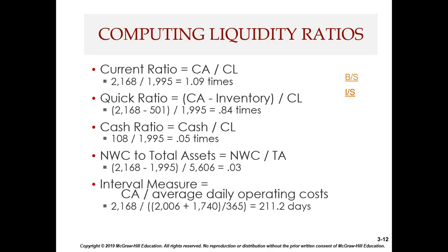Interval measure. This is where we take current assets and we divide them by our average daily spending, or average daily operating costs. So we go back to our income statement.